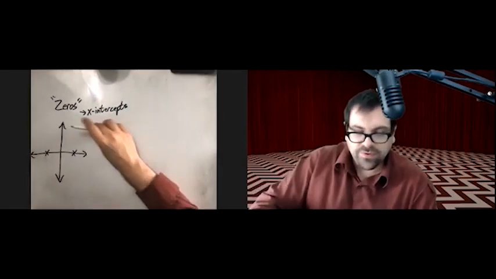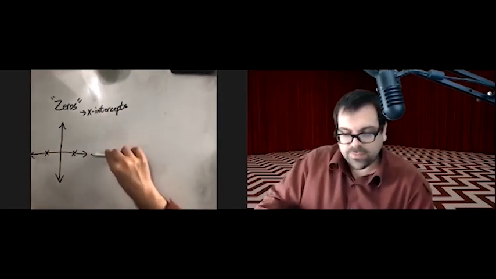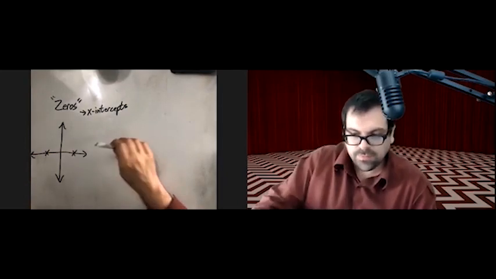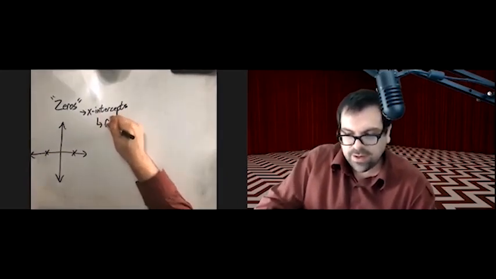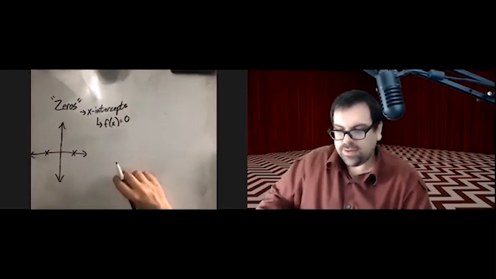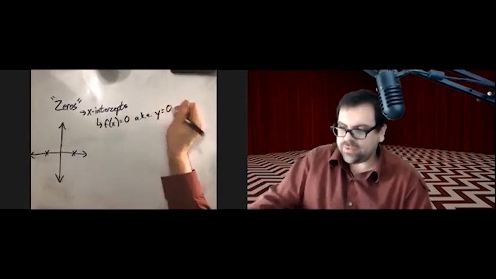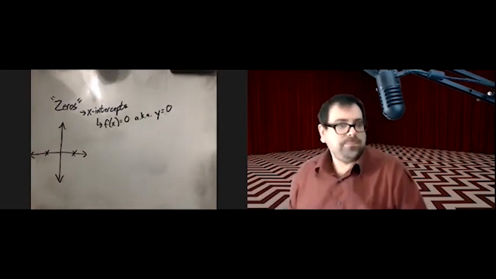They're places where the function value, where the y, where the output is equal to 0. Y-intercepts are where f of x or y equals 0. AKA y equals 0, just to drive that point home.